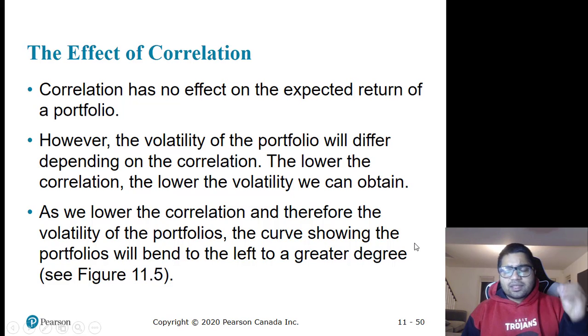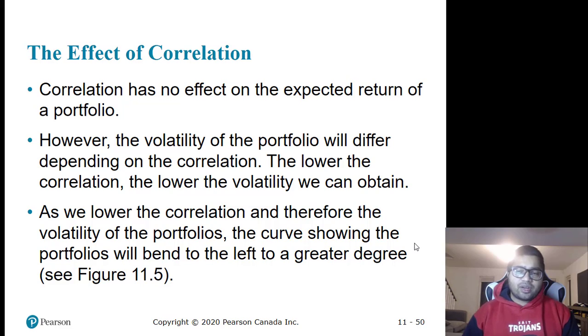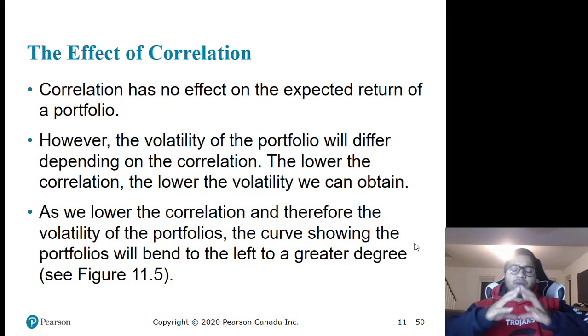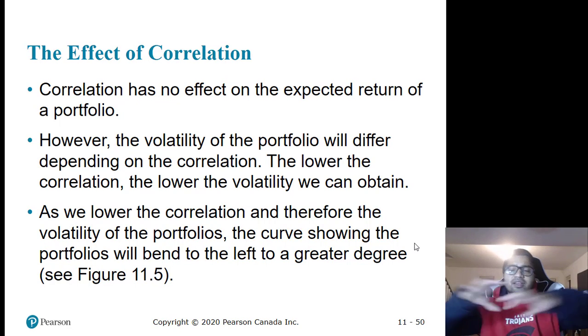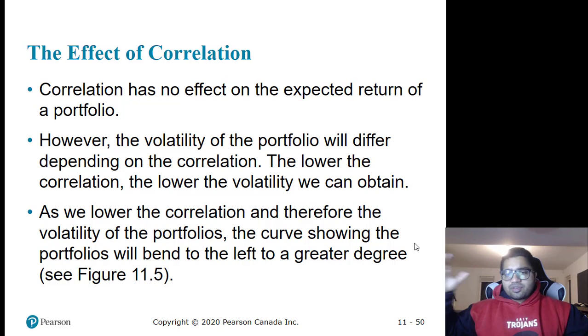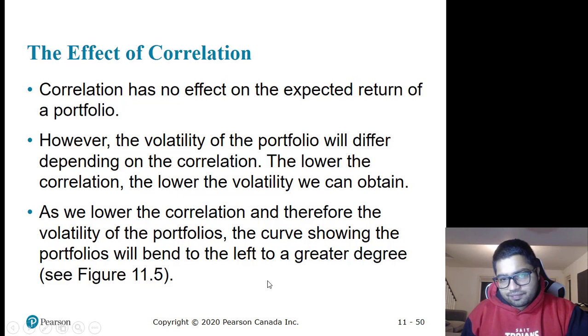So the bottom line: it is better to combine stocks that have lower correlation than to combine stocks that are highly correlated. So it is better to have a portfolio in which you have some pharma stocks, some manufacturing stocks, and some tech stocks rather than just investing in tech stocks. Your risk will be higher.